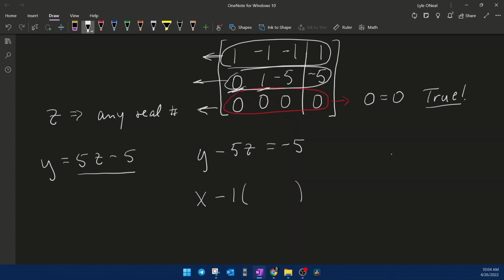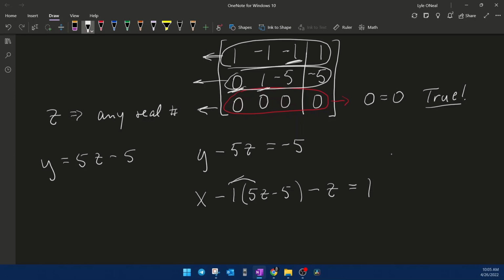But remember, y is 5z minus 5, so I'm going to substitute for y what it's equal to, and then minus z, do you see that's from here, minus 1z equals 1, and now I've got everything in terms of x and z. I can solve for x.